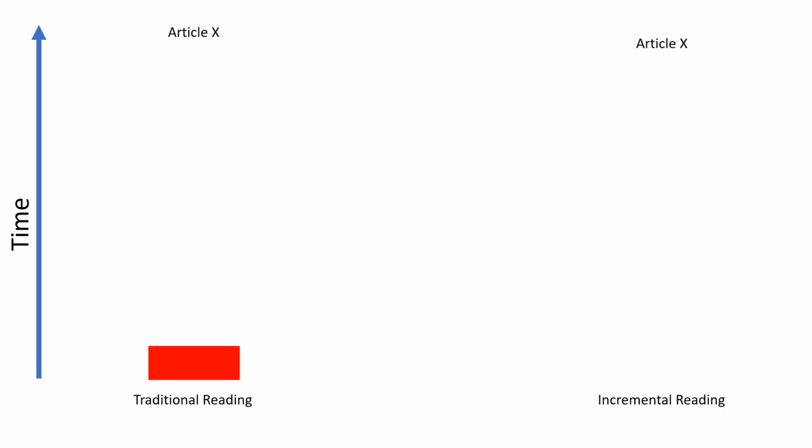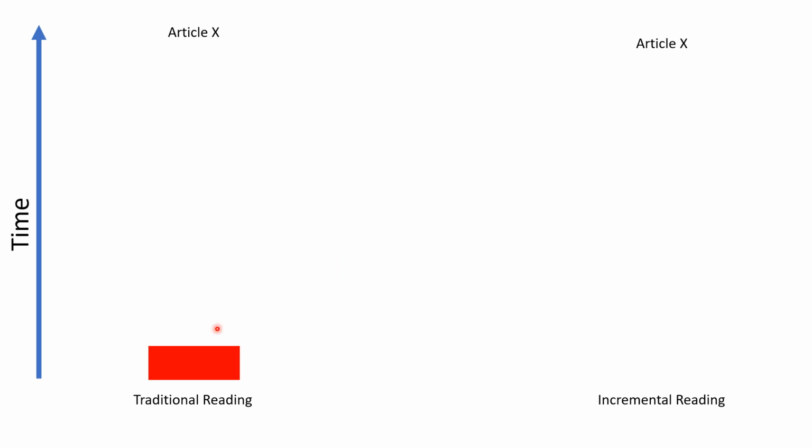So this brings us to our last part, and this is just to compare incremental reading and traditional reading. On the y-axis, we've got time, all right. On here we've got day 1, and on here we've got day 100, and we've got article X. We'll compare how you would read that in traditional reading, and how you would process that in incremental reading.